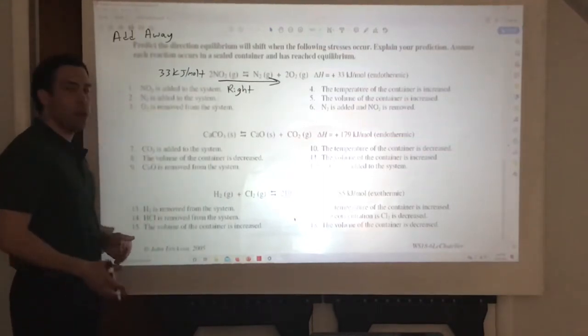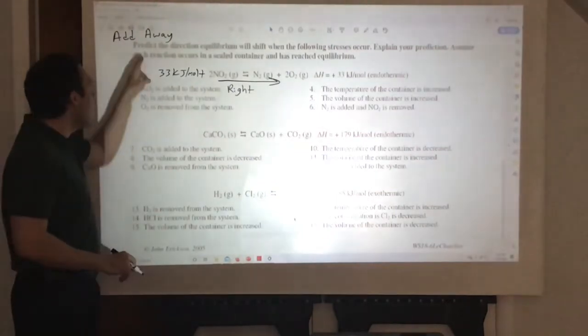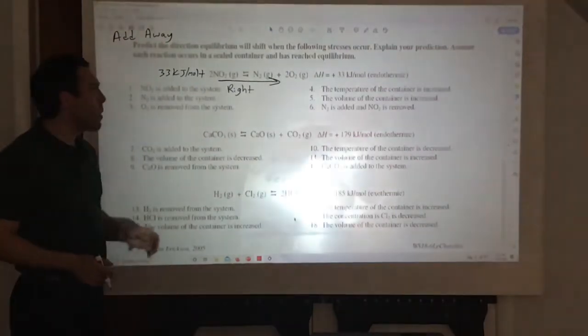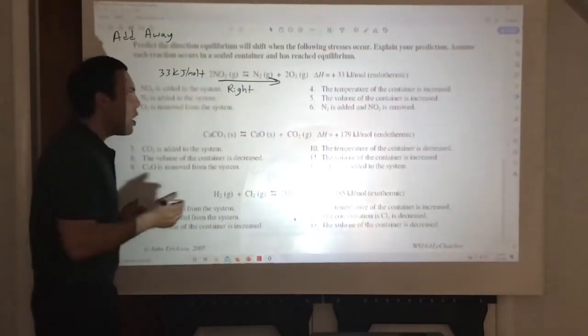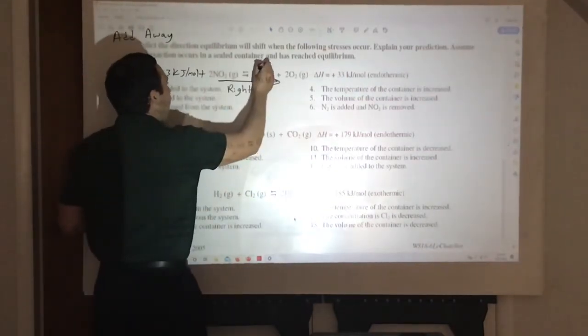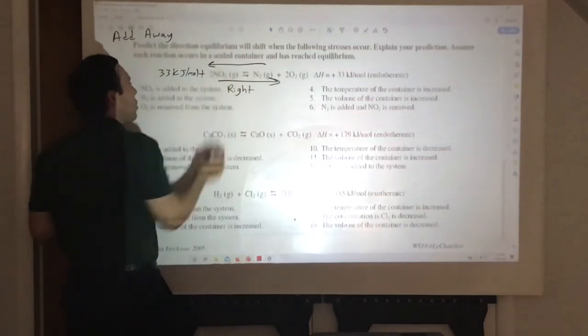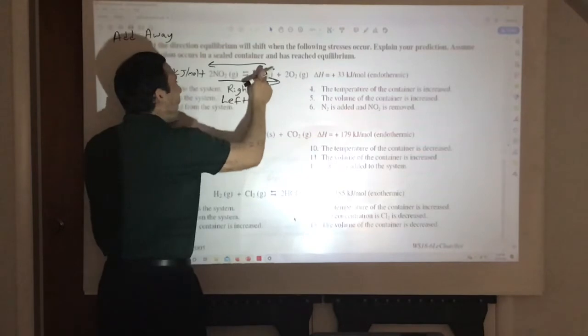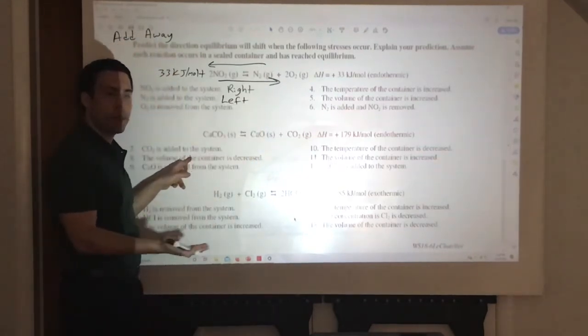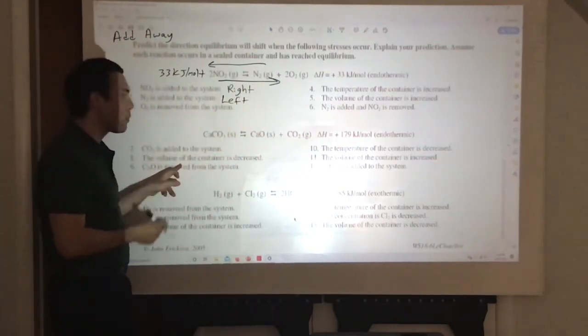For number 2, it says N2 is added to the system. Once again, add away. I find N2, it's on the right side. Add away, I'm going to add away from the right side, so it's going to shift to the left. Add away, start on the right, shift to the left.